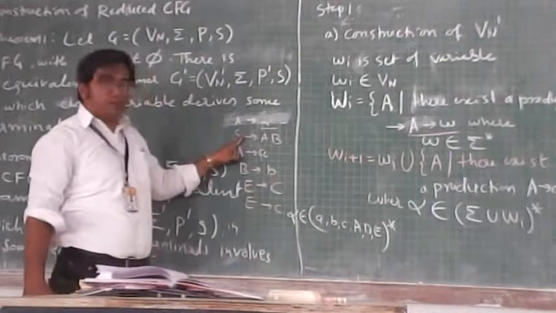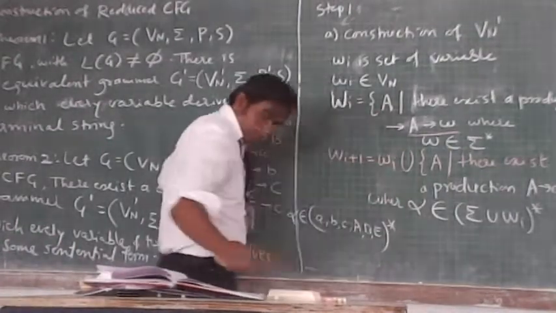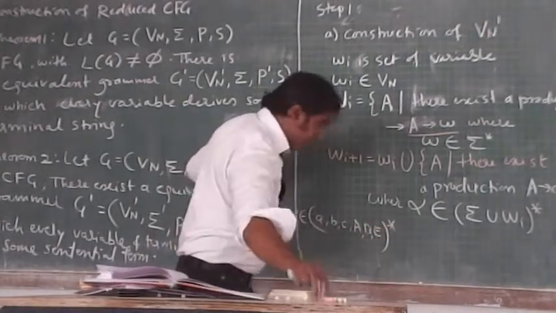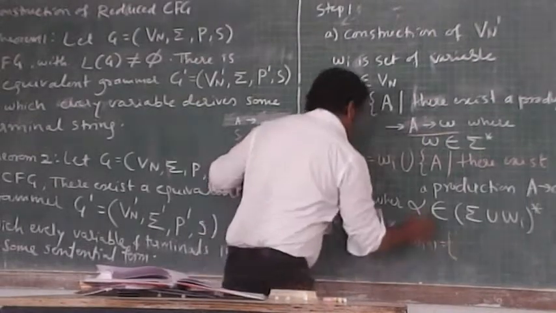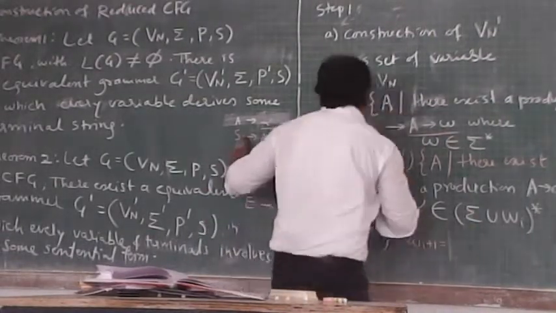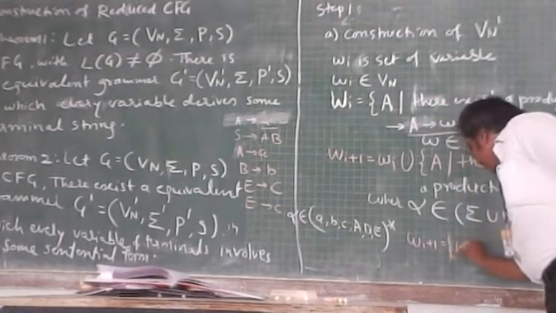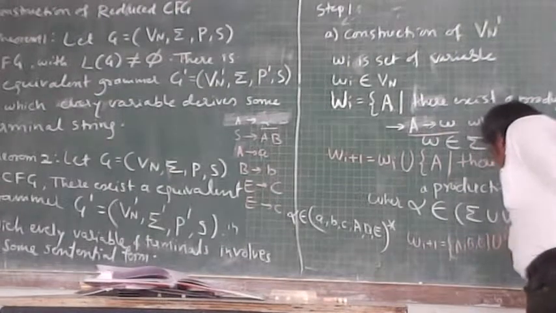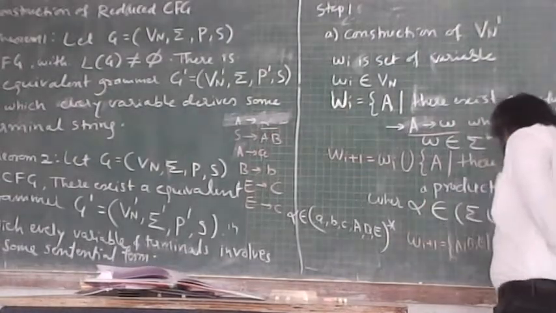What is the left hand side of this production? Yes, we need to add. So WI plus 1 is equal to WI, which is A, B, E, and that we are unioning with what we identified.